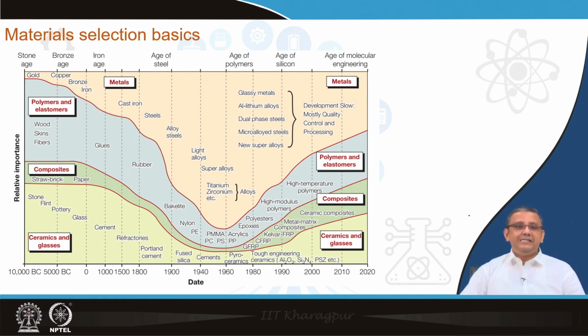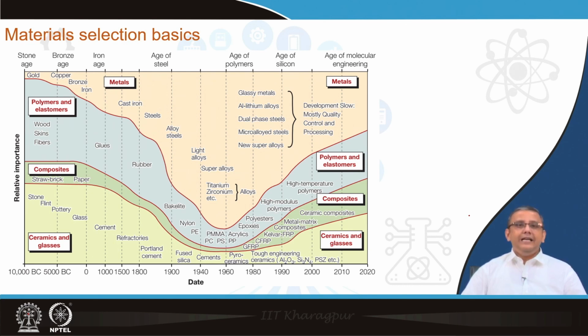This slide shows how the relative importance of different materials has evolved from prehistoric time, before 10,000 BC, to the current time, and the width or the height of the individual domains shows the importance of the different materials to mankind in various ages.